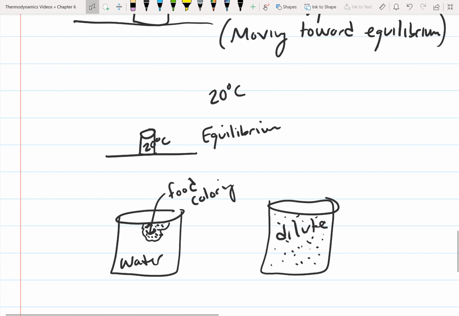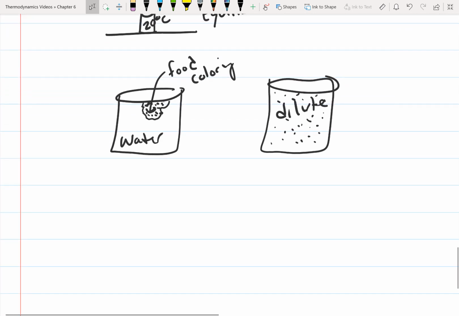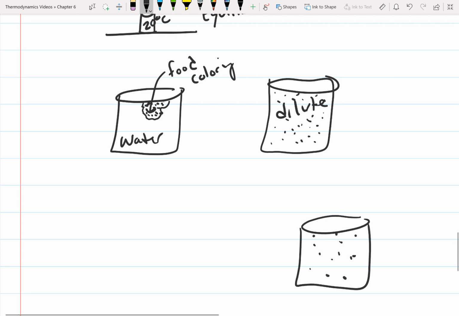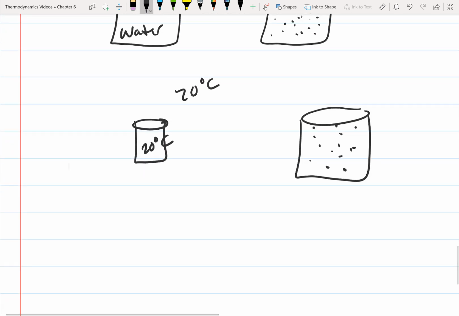So if we consider these two systems, the soda and the water, let's say that we have the water with the food coloring. So here's all the food coloring. And let's say that we have this soda that's at 20 degrees Celsius, so it's at the same temperature as the room.